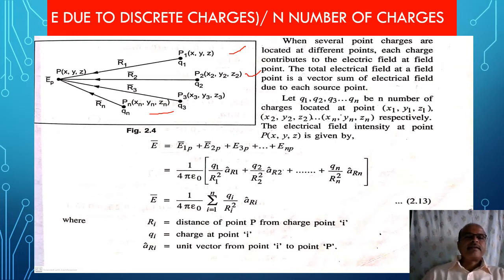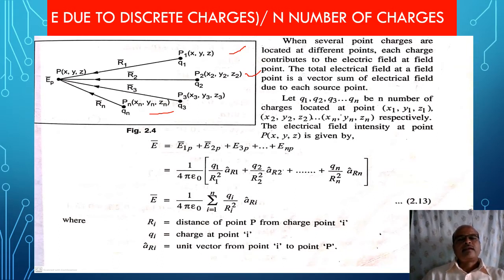Therefore the electric field intensity E is given by E equal to E1p plus E2p plus E3p plus up to Enp. That is, we have to calculate the electric field intensity at every point.